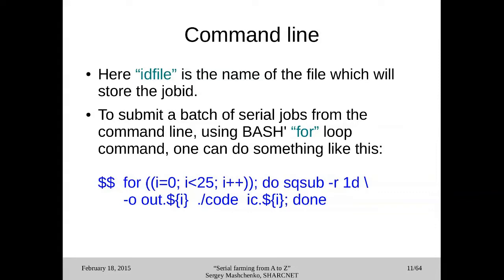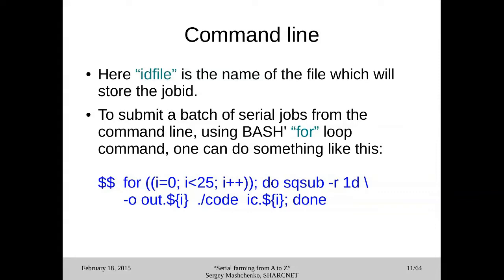Then you put semicolon, do, and then the command you want the bash loop to execute. In this case the command is sqsub with the obligatory arguments, -r 1d for example, -o out.$i, using the bash loop index variable $i to create an output log file unique to each job. Then you provide the full path to your code, and then IC.$i.